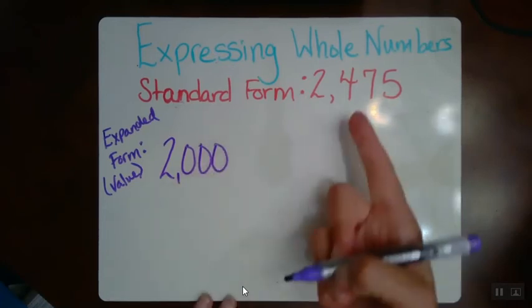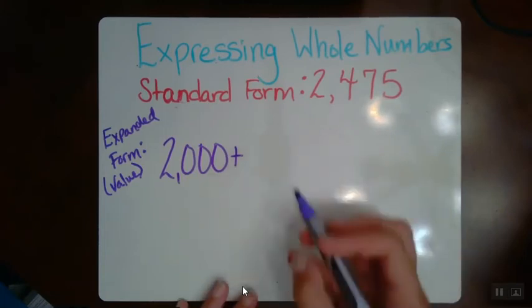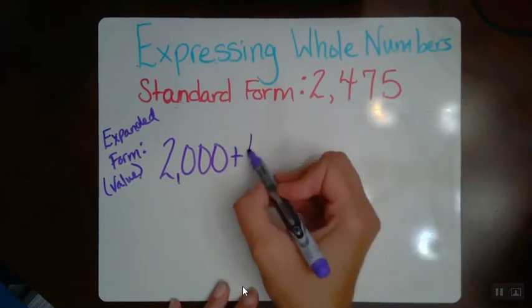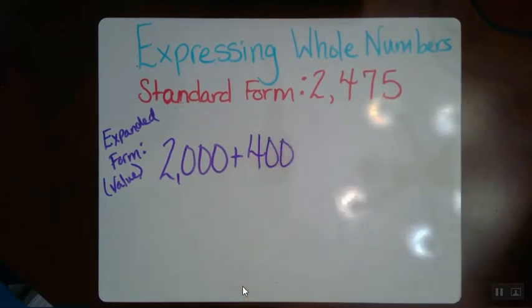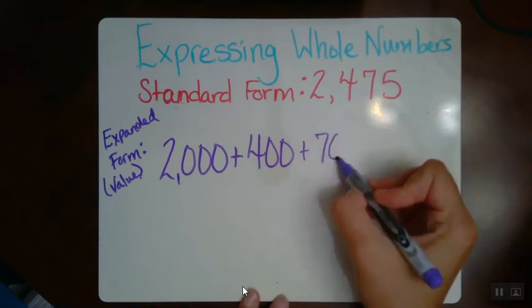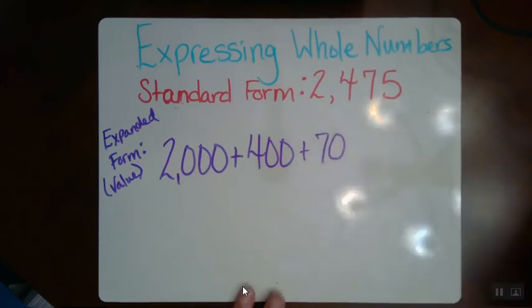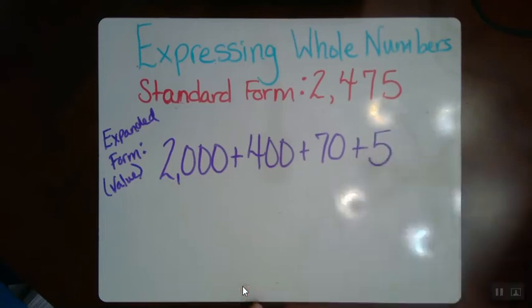Then I'm going to go to my hundreds place and I'm going to add the values together. There are 4 in my hundreds place, which means it's worth 400. In my tens place, there are 7, so that's equal to 70. And then last I have 5 in my ones place.